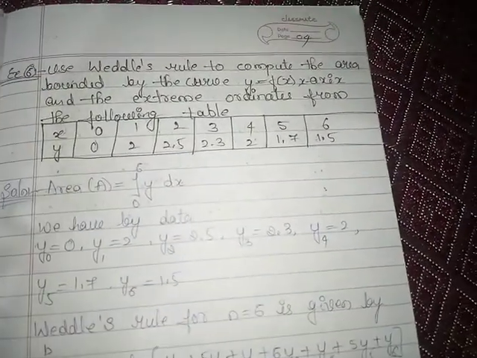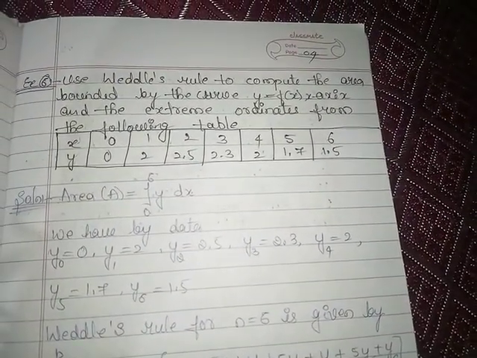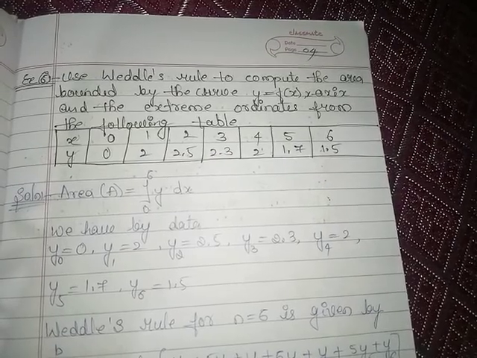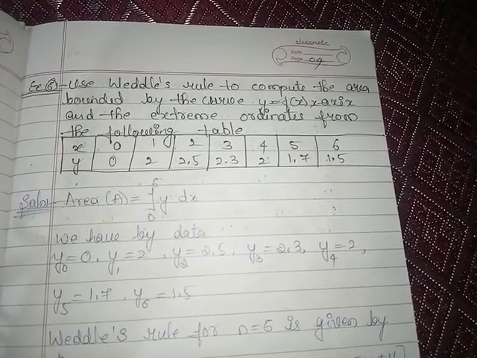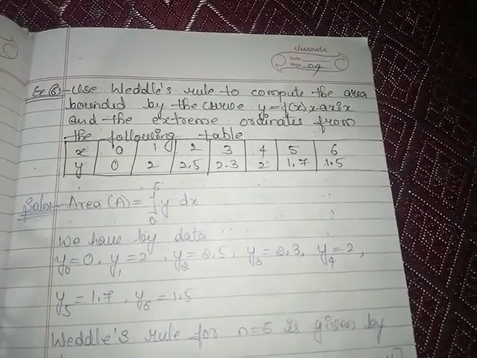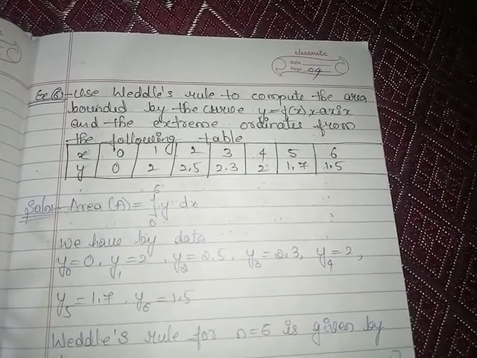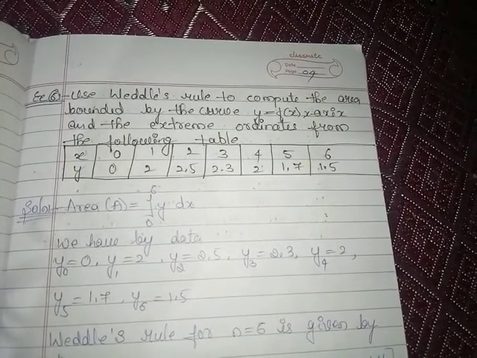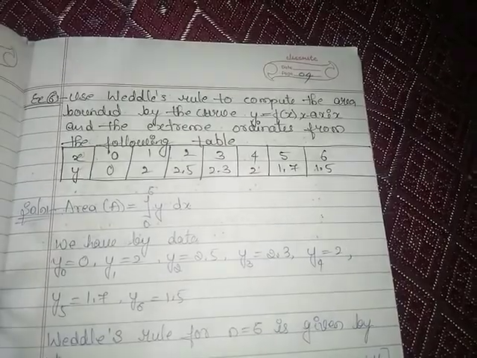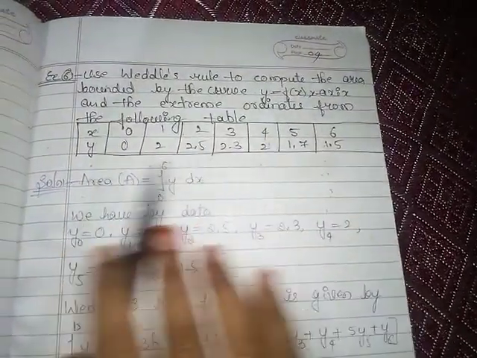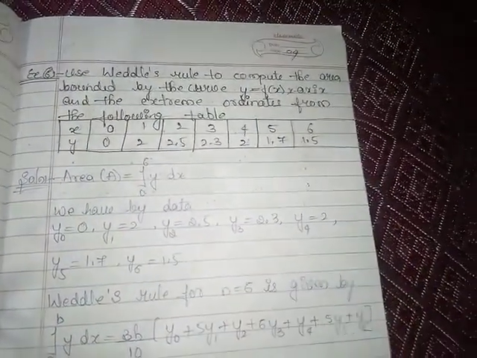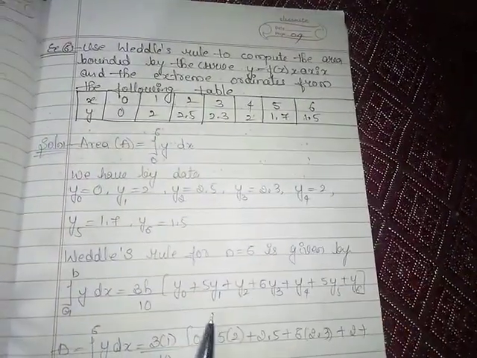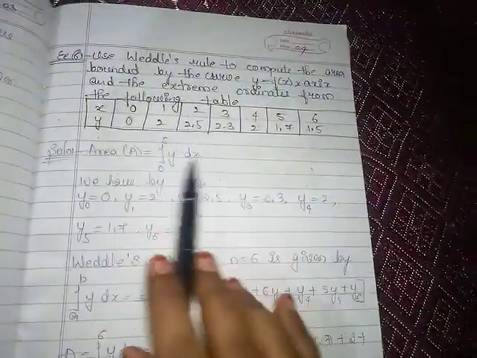Similarly, another example: use Weddle's rule to compute the area bounded by the curve y is equal to f of x, the x-axis and the extreme ordinates from the following table. Here x values are given, y values are given. We just have to substitute the values and find the integral value.